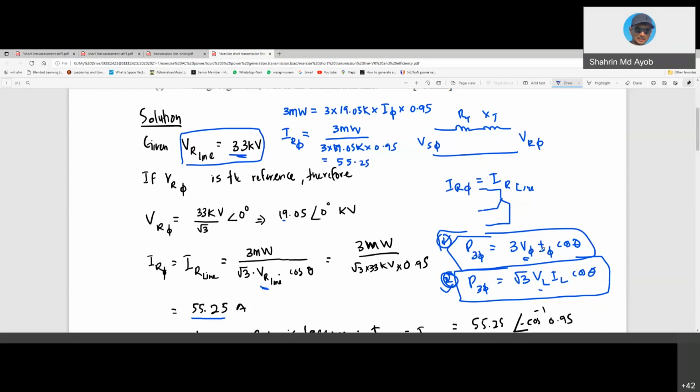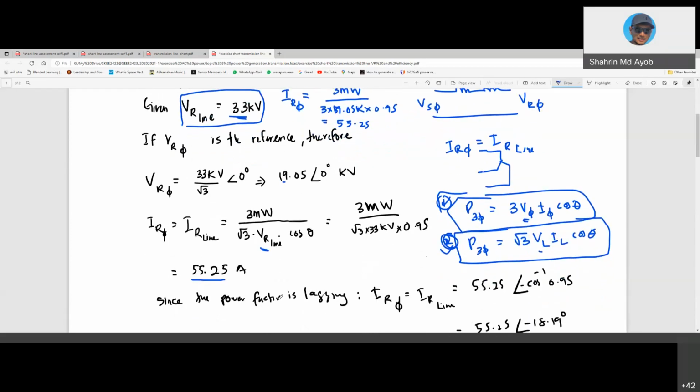So you can use either the first or second equation, but please remember, if you are using the first equation, the voltage must be V phase. Right now the current here, since the load is Y connection, it doesn't matter. This value is your I phase, and also your I line, because for Y connection, phase current and line current are the same.